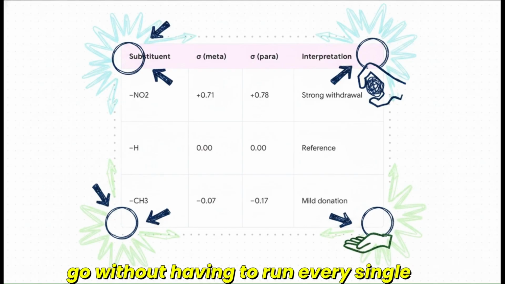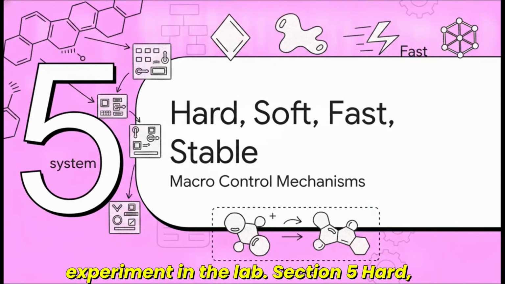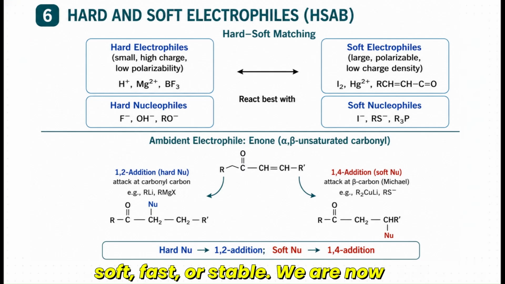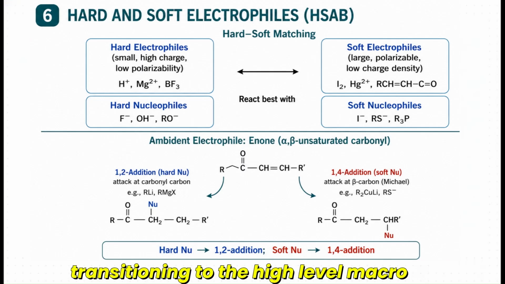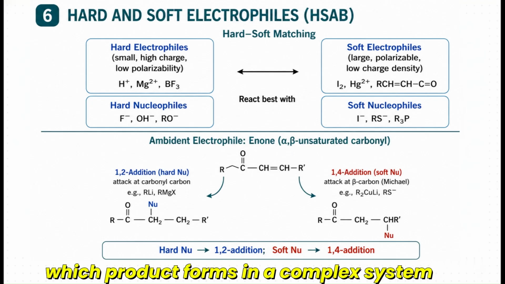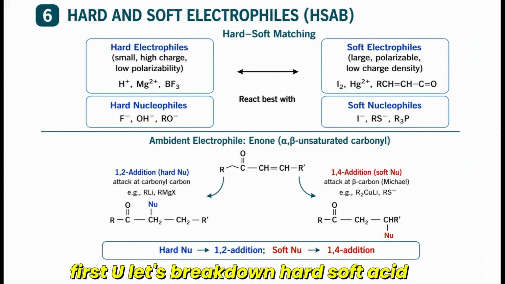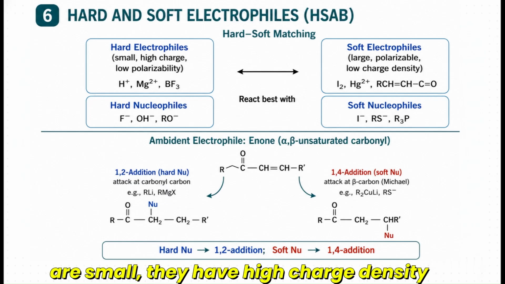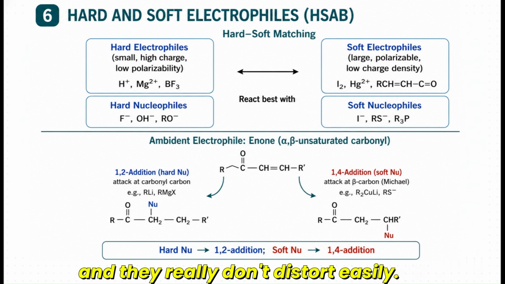Section 5. Hard, soft, fast, or stable. We are now transitioning to the high-level macro control mechanisms that dictate exactly which product forms in a complex system. First up, let's break down hard-soft acid-base, or HSAB theory. Hard electrophiles are small, they have high charge density, and they really don't distort easily.